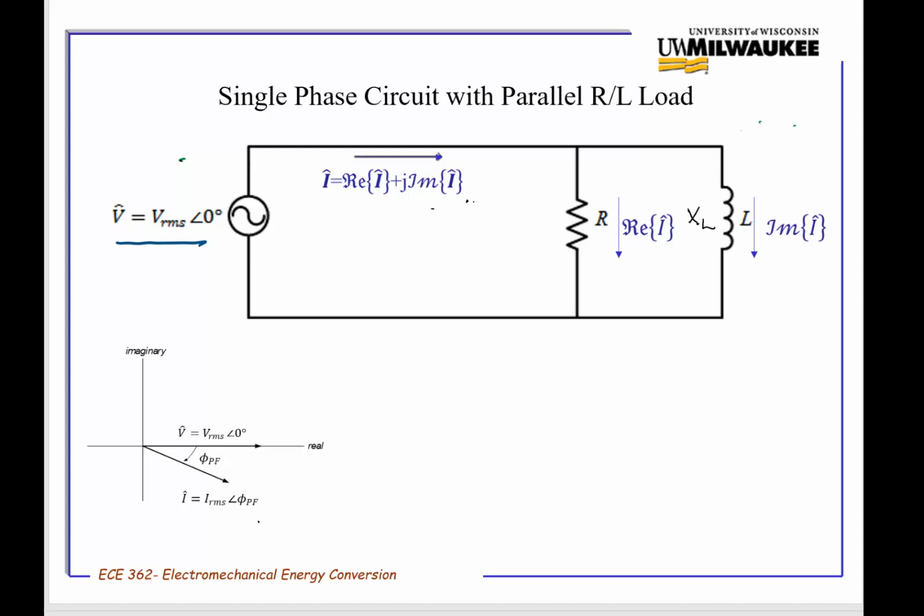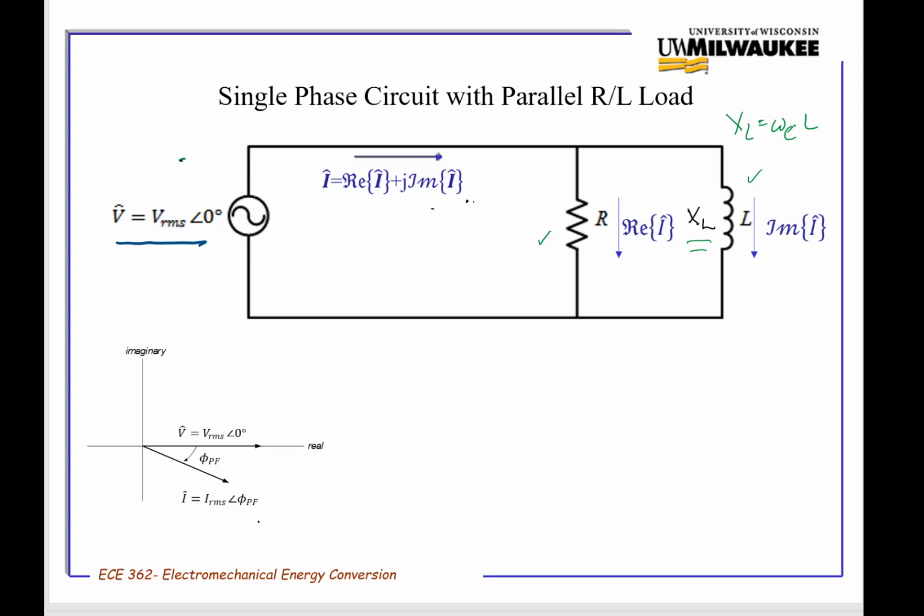What we have here is a single phase circuit with a parallel resistive and inductive load, representing the inductive load with a reactance of XL, which is omega L. We are applying a voltage V hat in phasor form, VRMS, referenced at an angle 0.